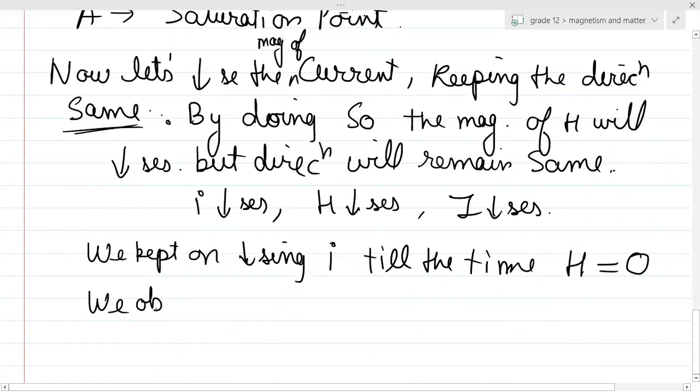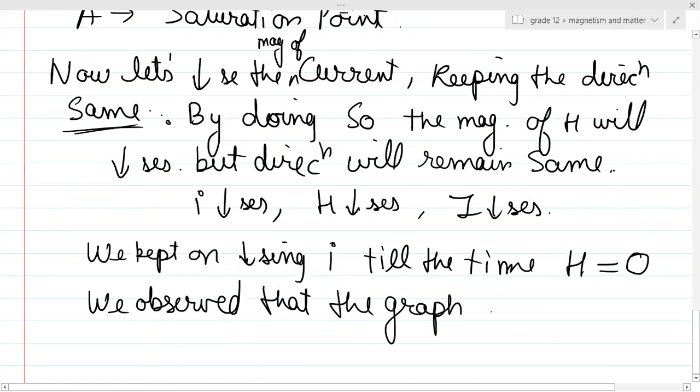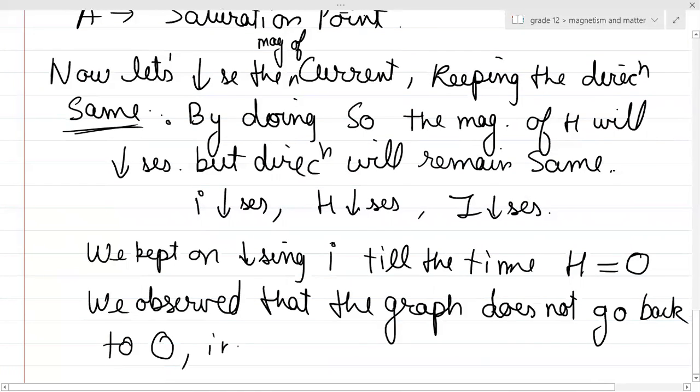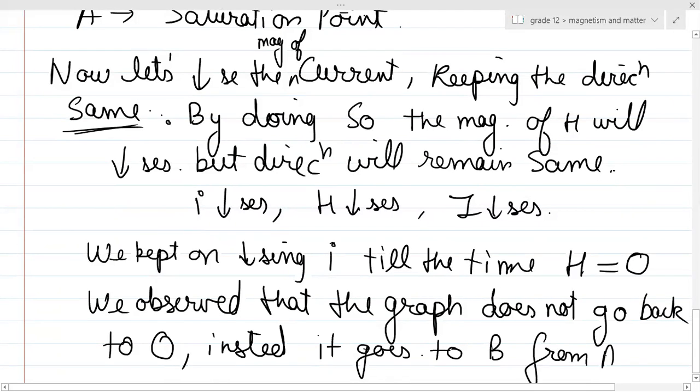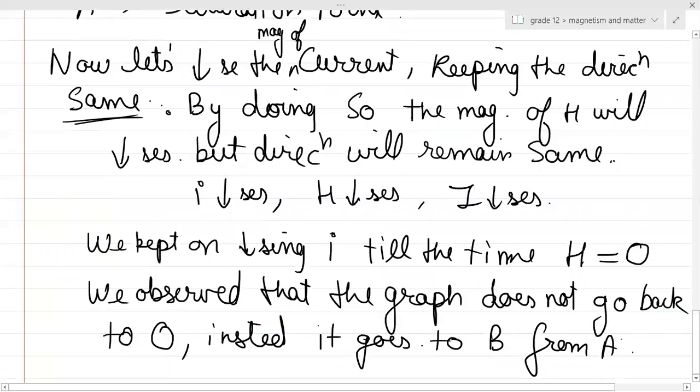We observed that the graph does not go back to O, instead it goes to B.